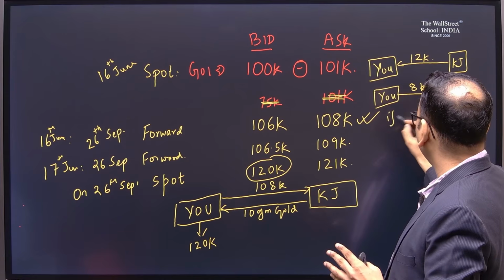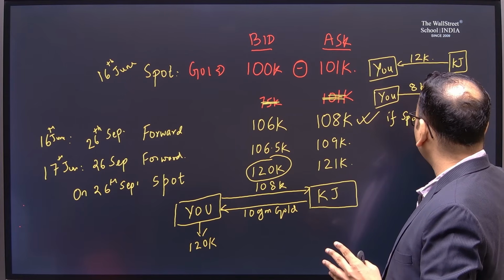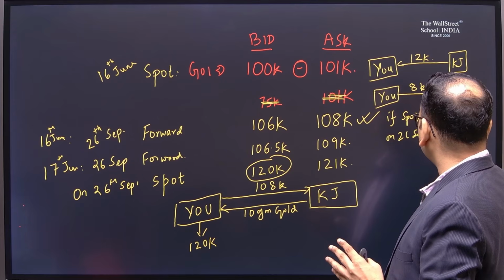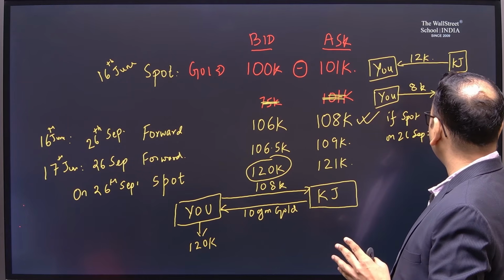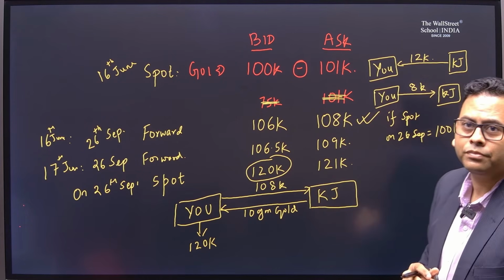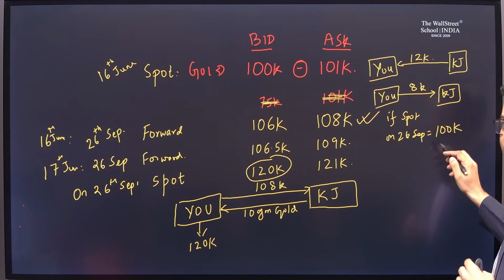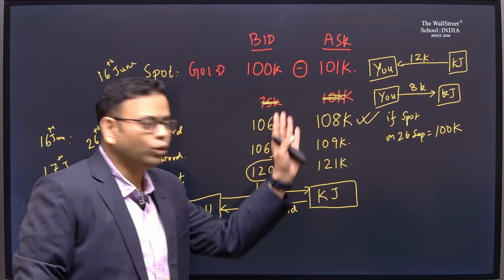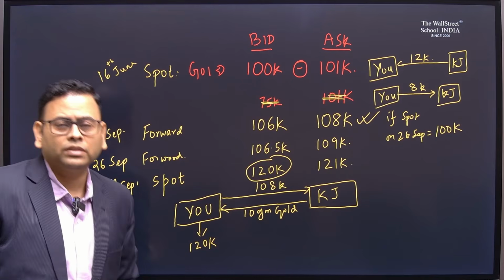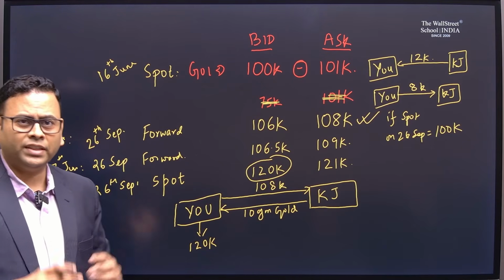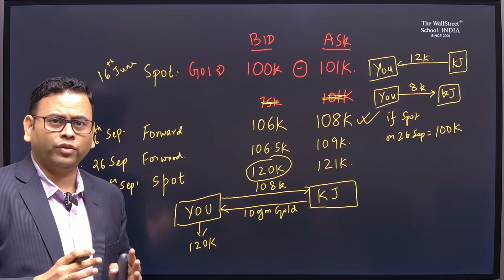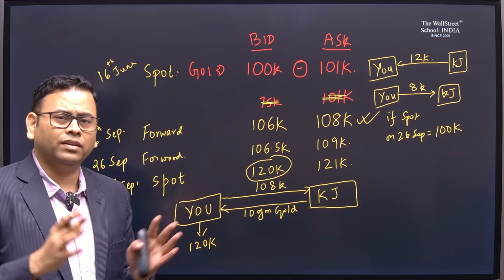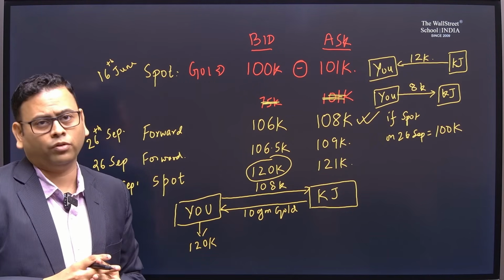If spot on 26th September becomes 100,000, in that case, you would be liable to pay Kalyan Jewellers 8,000. So, this is a typical nature of forward contract wherein the differential price is settled in that contract.